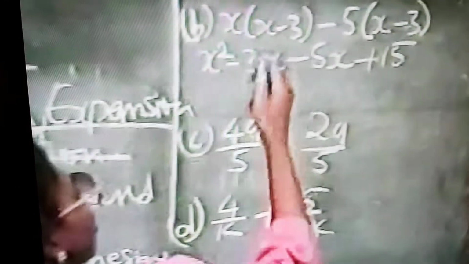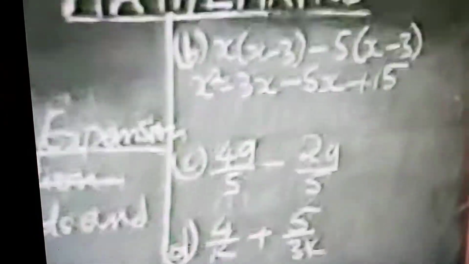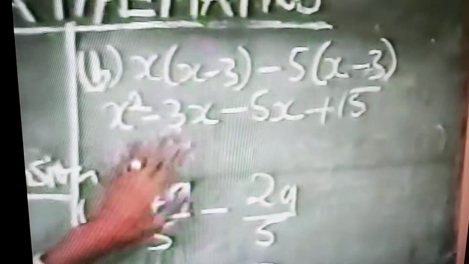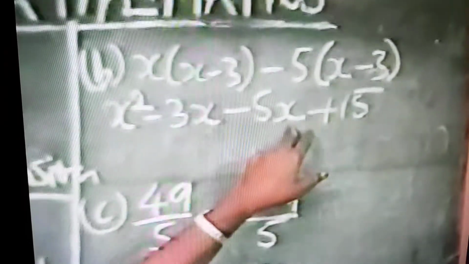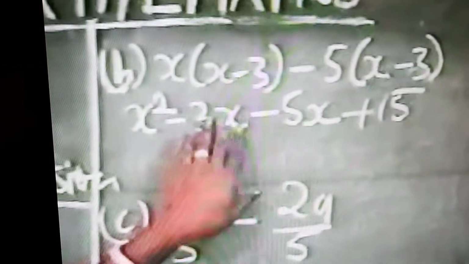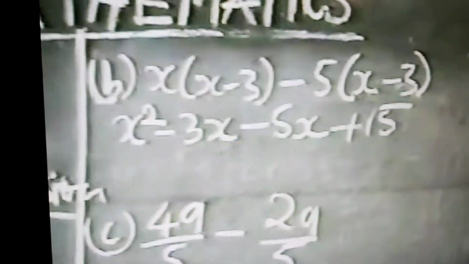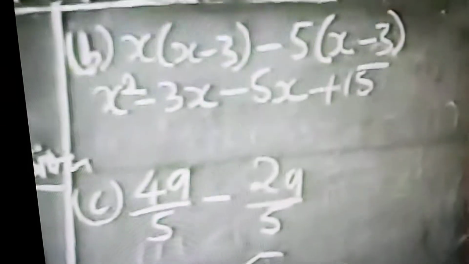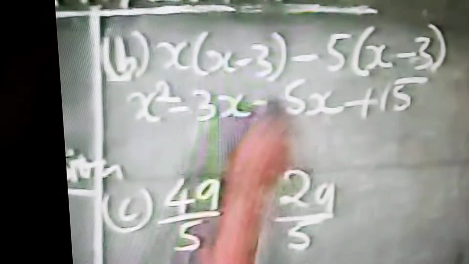So we now collect like terms. The arrangement is okay. Now the only 2 like terms we have here are the minus 3x and minus 5x. So the question is, are they like terms only in terms of letters or also in terms of sign? They are like terms both in terms of letters, x and x, and in terms of signs.